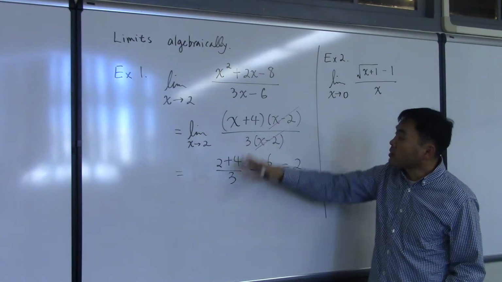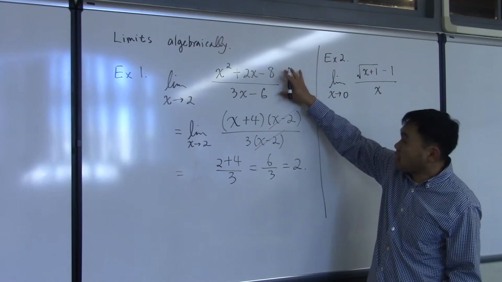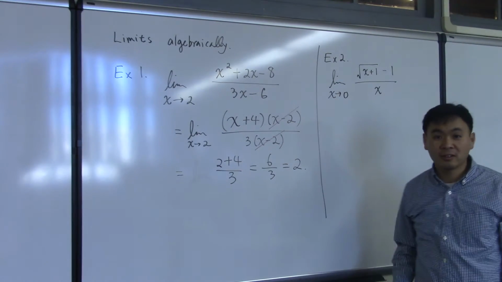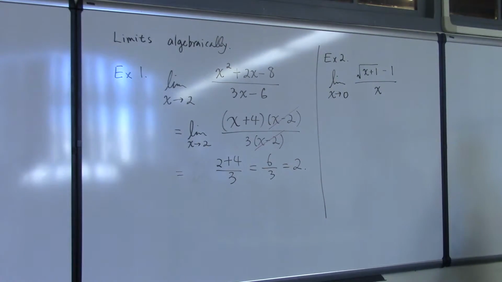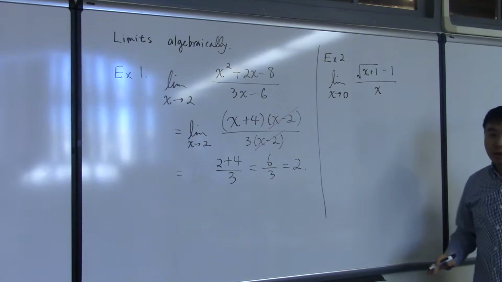So the easiest examples are the ones where you can just factor and that's it. But there are other harder examples where you have to know what to do.